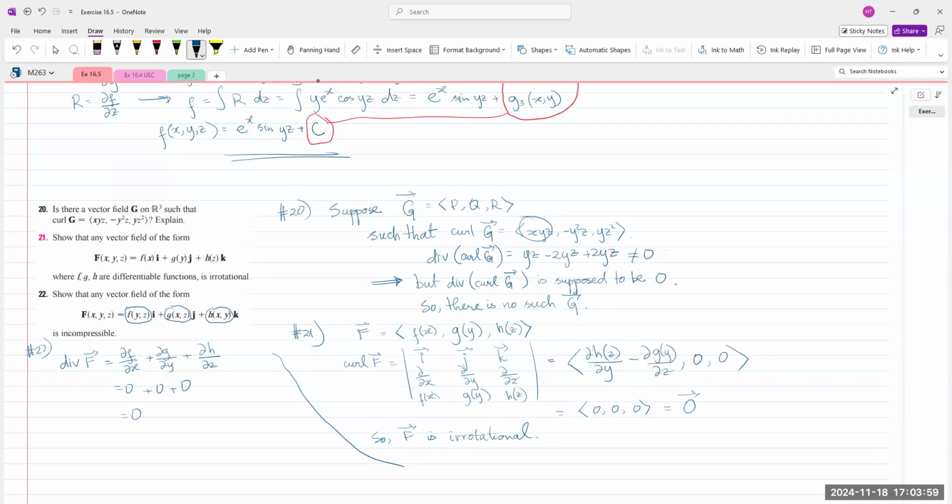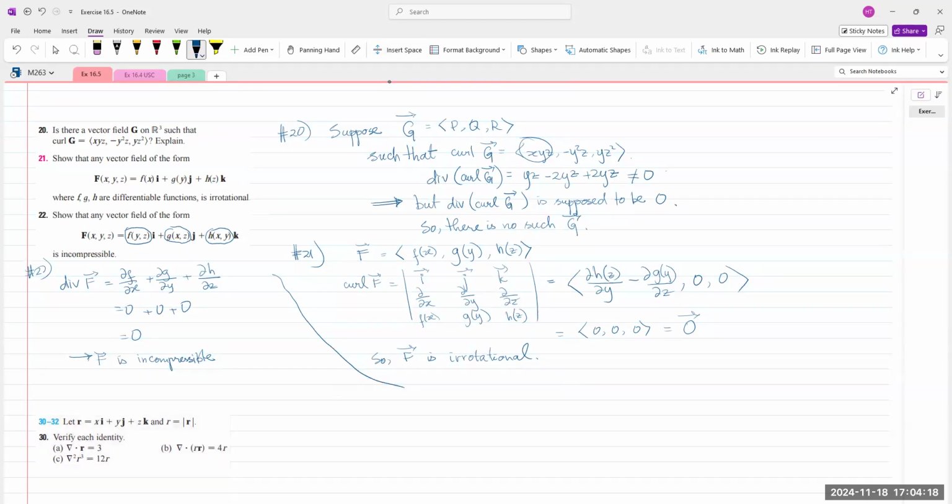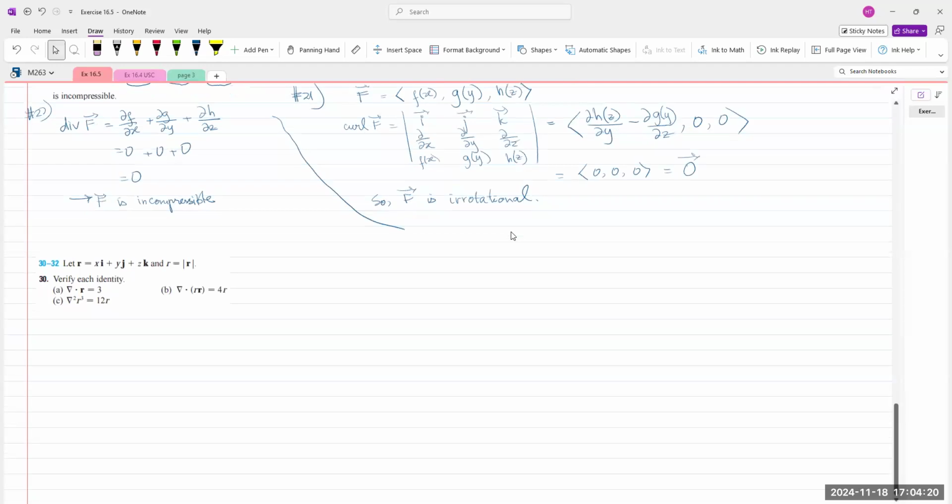Because the divergence of that vector field is the scalar 0, that vector field is incompressible. That's a very theoretical question though. Number 30, I think this is the last question.